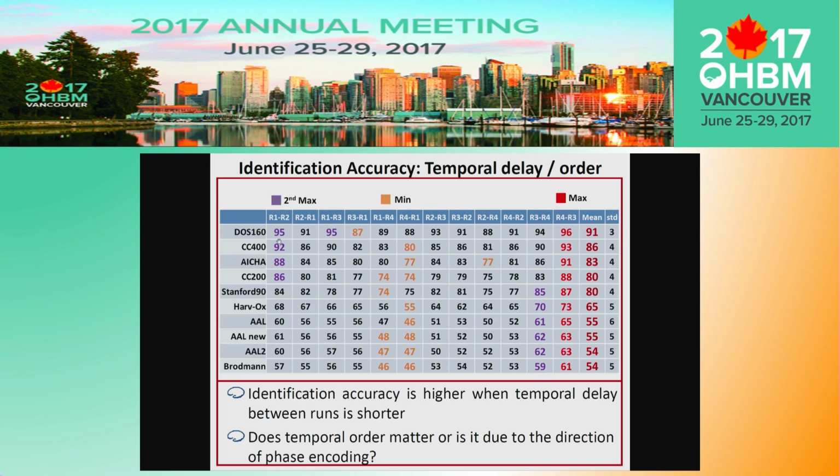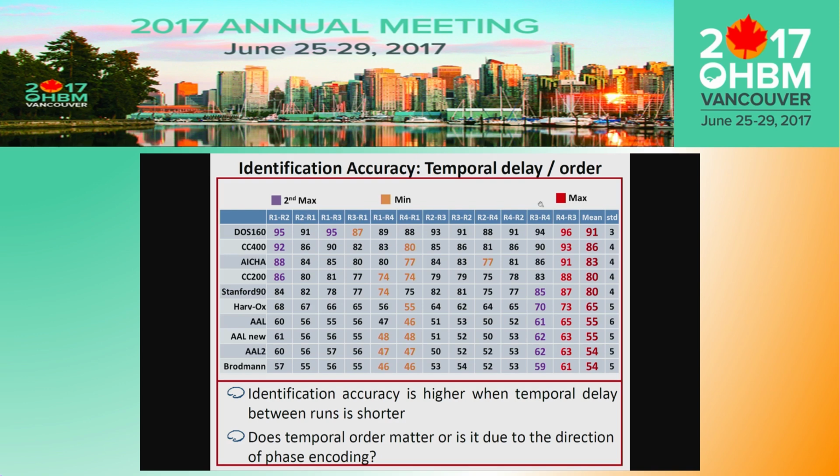The second best was R1 to R2, and the poorest was R1 to R4, or R4 to R1. So it seems that the identification accuracy is higher when the temporal delay between the runs is shorter, because R3 and R4 were acquired on the same day, as well as R1 and R2. And R1 to R4, or R4 to R1, has the highest temporal delay.